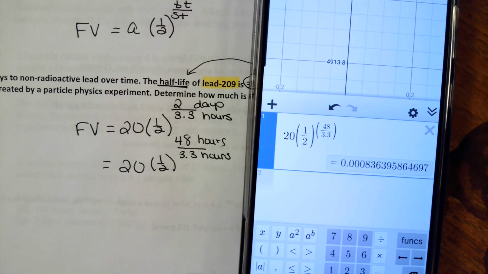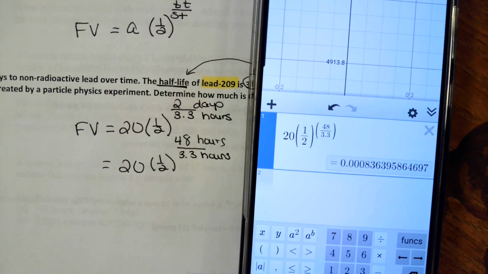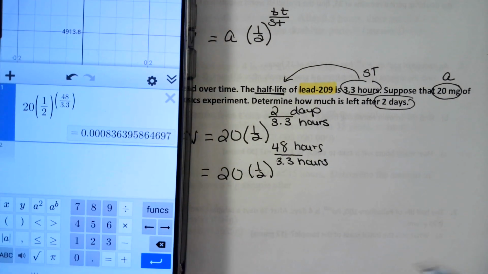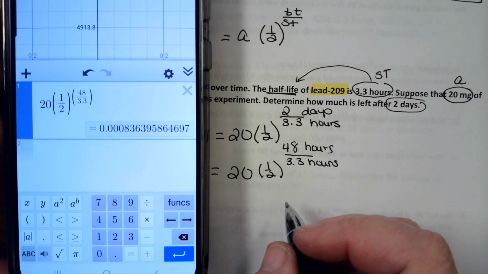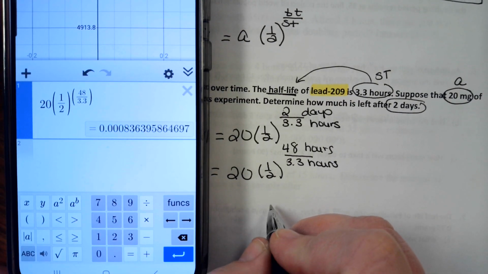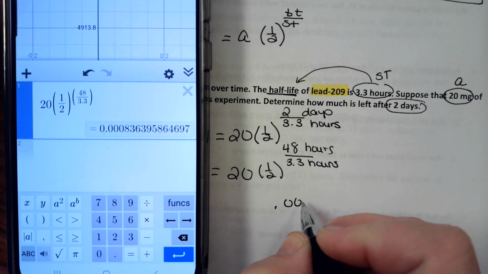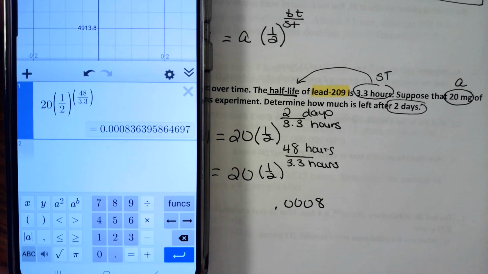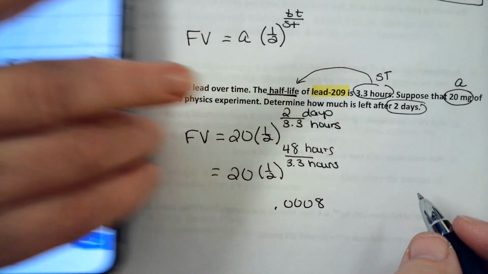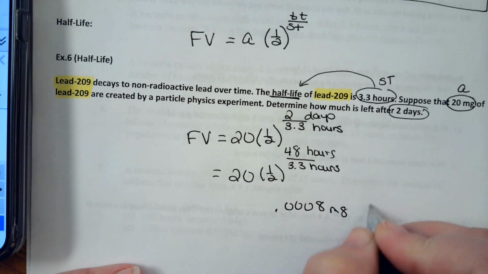And we can see that hardly anything is left of this material. All right, so let's see. That's going to be 0.0008. And let's see, milligrams.